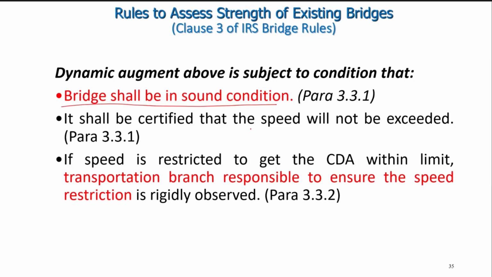It shall be certified that the speed given will not be exceeded. And if a speed is restricted to get the CDA within the limit, the transportation branch is responsible to ensure the speed restriction is rigidly observed. Based on this condition, the relaxation for existing bridges is given in the bridge rules.